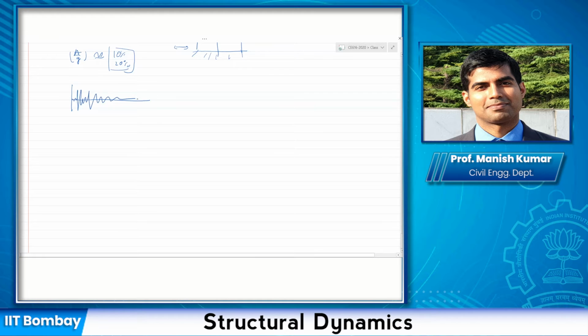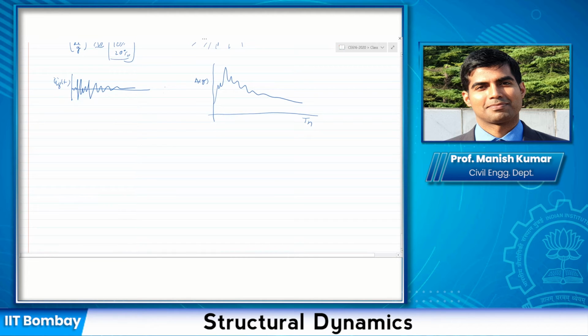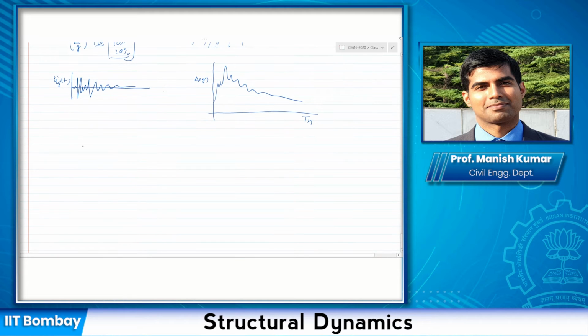We have learned how to do it, but as a designer, somebody would give you a response spectra for this, which would look like, let us say we are talking about acceleration response spectra, a pseudo acceleration response spectra, something like this. So we are just discussing the procedure to get the peak responses. Our goal is to find out the forces in the frame member.